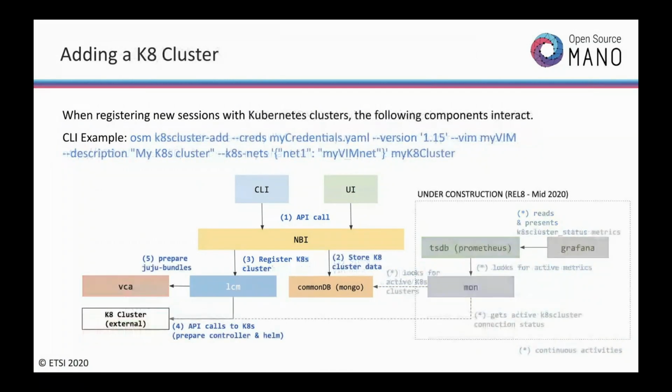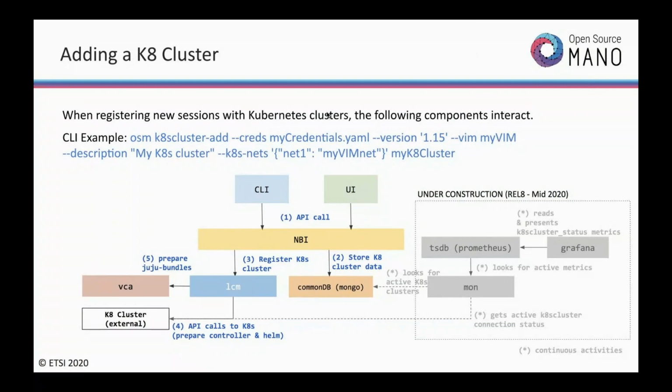Then we have the creation of a Kubernetes cluster. This is brand new in release 7. When you create a Kubernetes cluster, since it's not a VIM, it's a platform for containers that can reside in a VIM or can be independent. It depends on the installation, it can relate to a VIM. So whenever we create a Kubernetes cluster, and in the most common case we have it virtualized in a VIM, I mean OpenStack, for example, then you provide the VIM name.